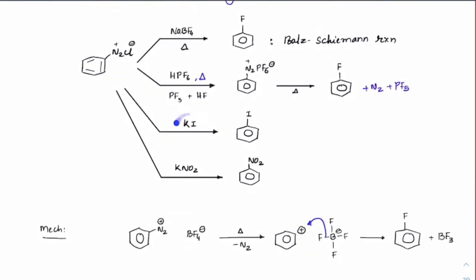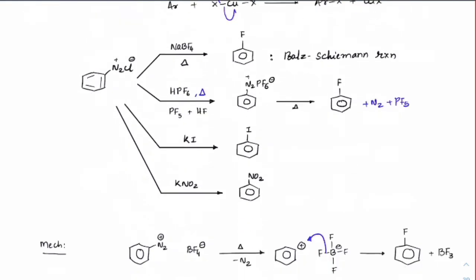With KI, only by shaking with the diazonium chloride solution in the test tube, you can simply get iodobenzene. Same is the case with KNO2. We will get phenyl nitrile. Got it? So we will get that with KNO2. Have you understood these mechanisms?